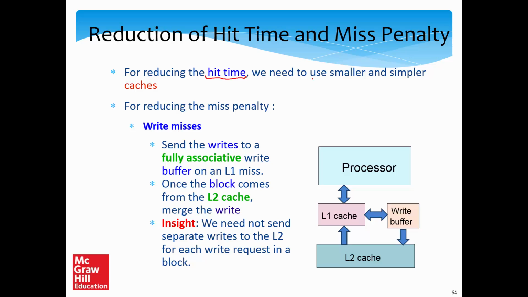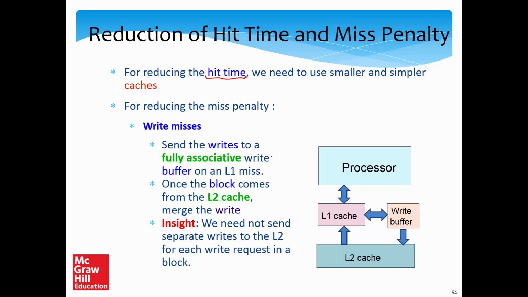Additionally, we can try to reduce the miss penalty. The miss penalty can be reduced as follows. Let's consider write misses, where we might write to successive words in the same line. What we do is create a small write buffer, a very small structure with 4 or 8 entries, just after the L1 cache.